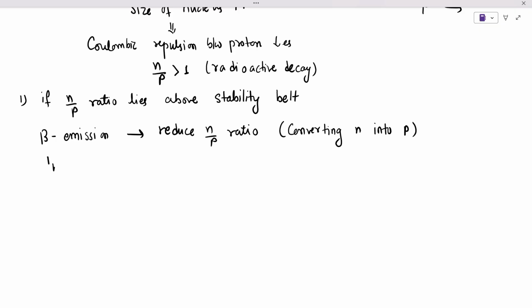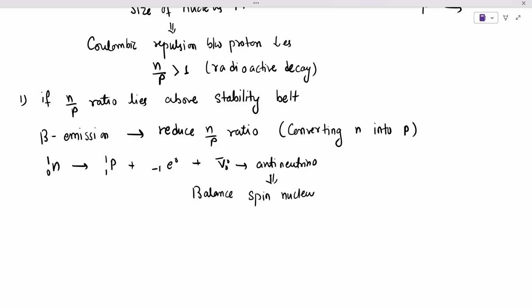For example, one neutron is converted into a proton and an electron, and one anti-neutrino comes out. The anti-neutrino helps balance spin, nucleus state and energy.